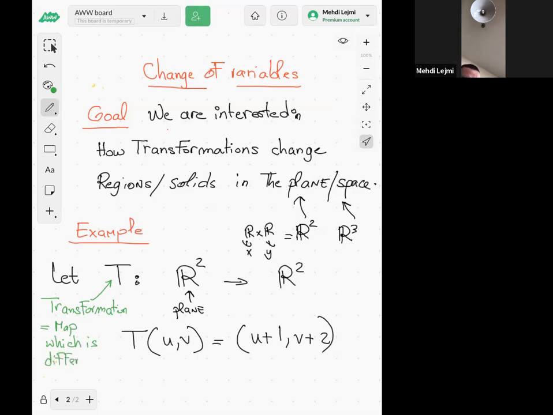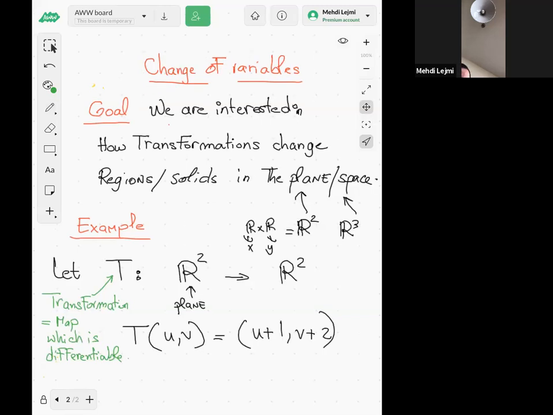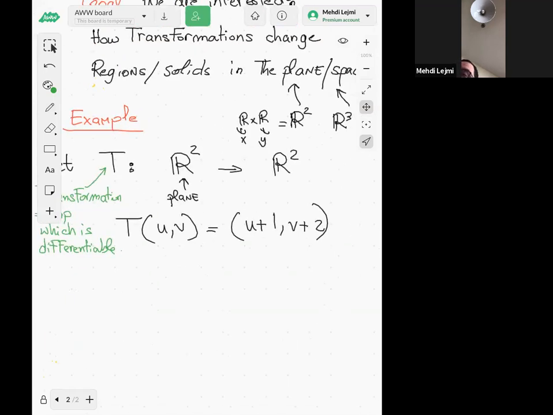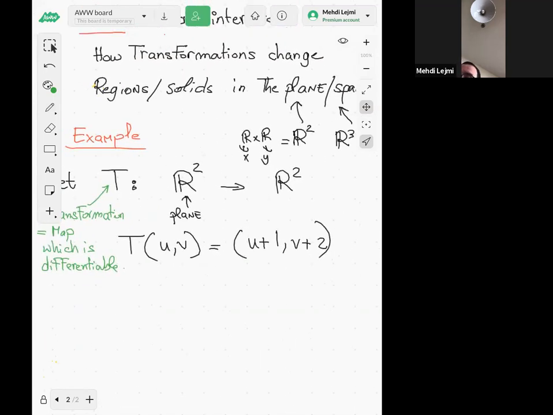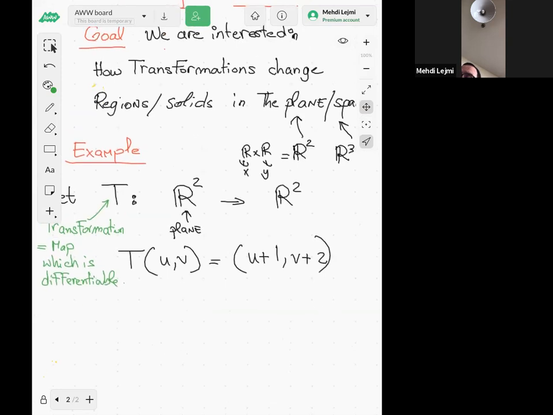I need the derivative to exist. As I said, we have T of u and v equals u plus 1 and v plus 2, and we are interested in how T changes regions in the plane.